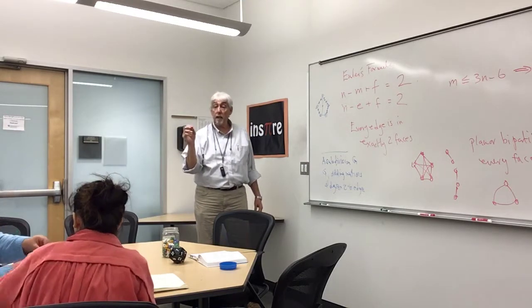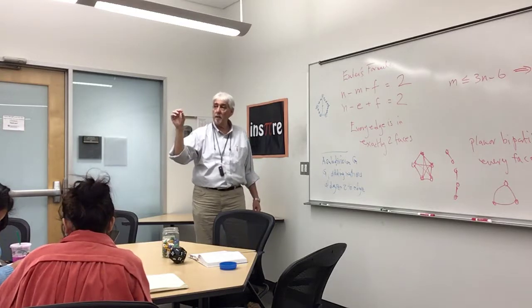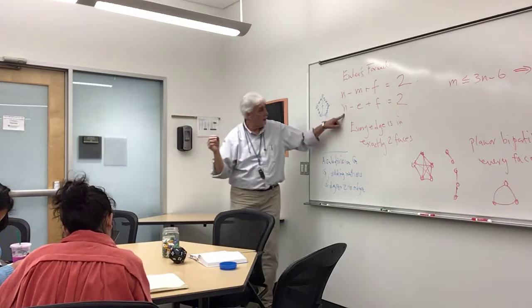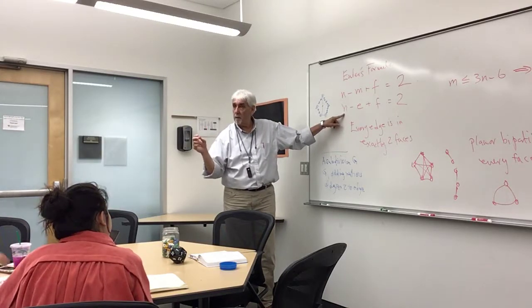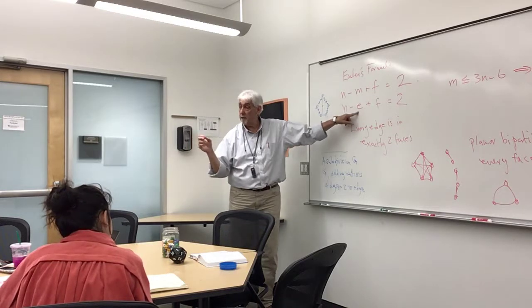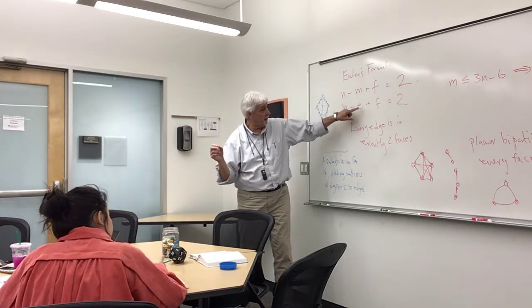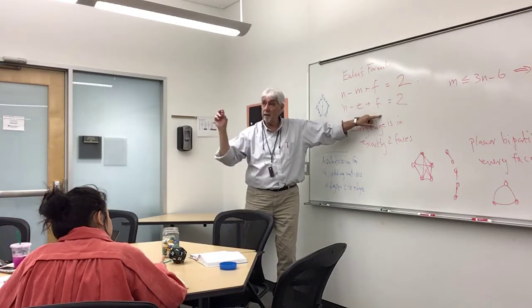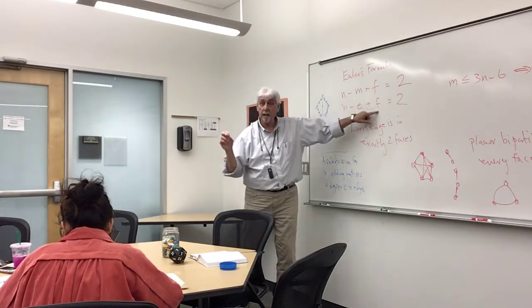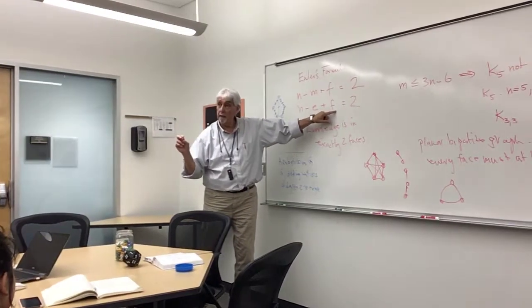Okay, so I have 12 vertices, each of degree 5. How many edges? 30. That would be 12 times 5 is 60, divided by 2 is 30. So we have 12 minus 30 plus how many faces? 20. 12 minus 30 plus 20 is 2.